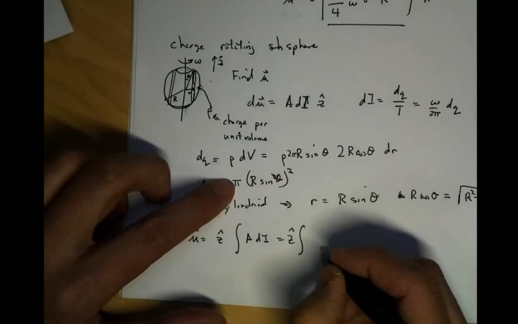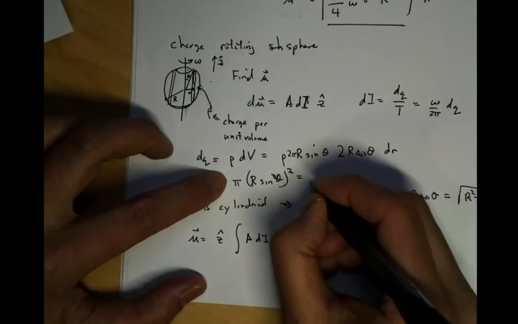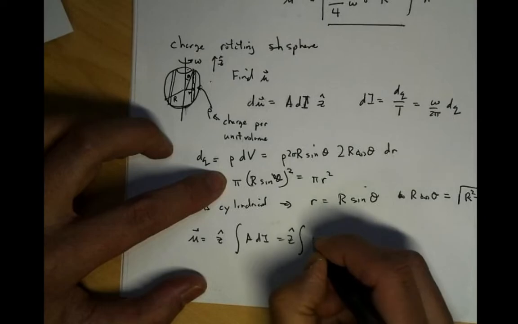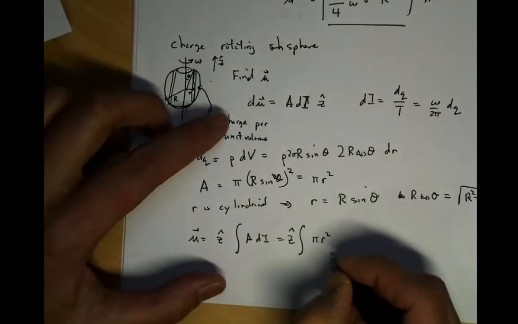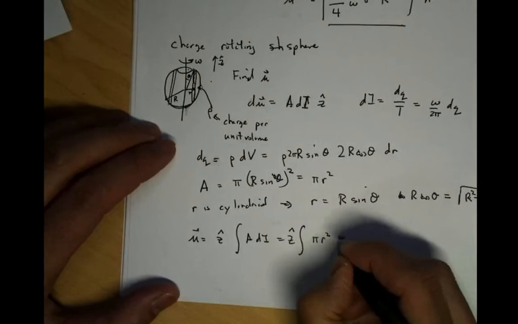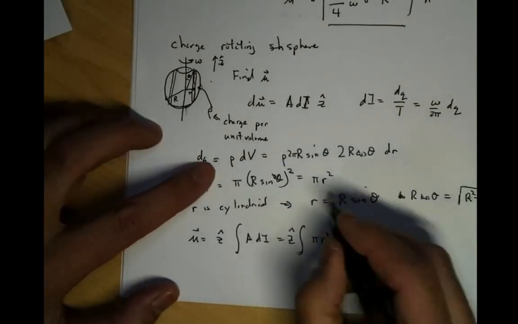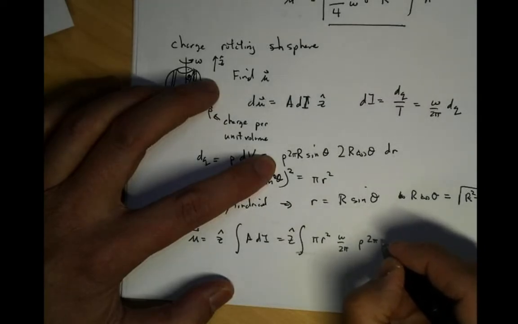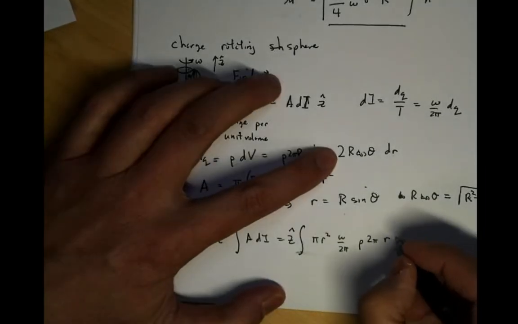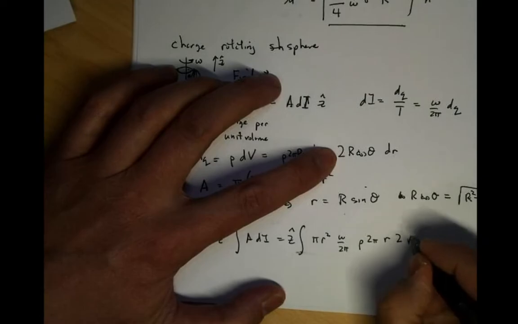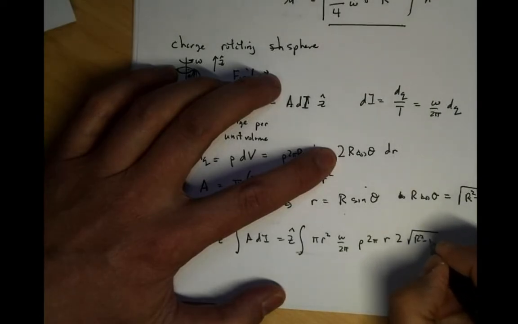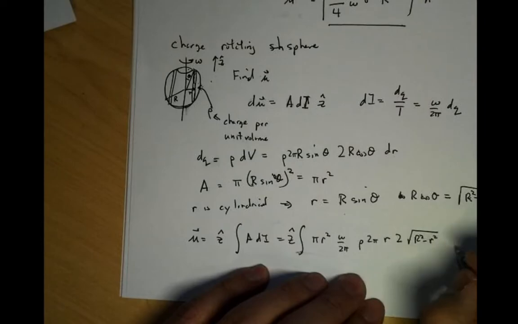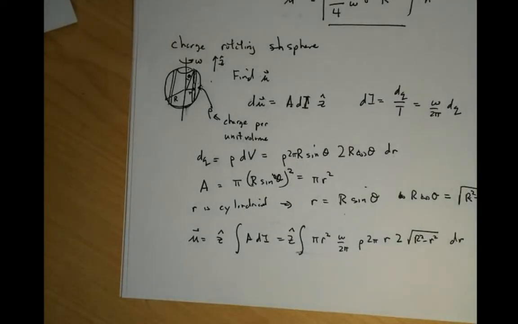So a was this, so this is going to be pi r squared, that's 1. di was omega over 2 pi times dq. dq is this horrible term right here, rho 2 pi, let's see, so this is little r, this is another factor of 2 there, that's square root of capital R squared minus little r squared, and then this is all multiplied by dr. Okay? All right. Looks pretty horrible, right?